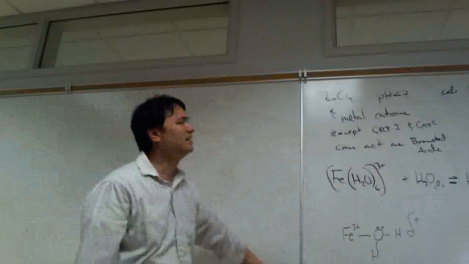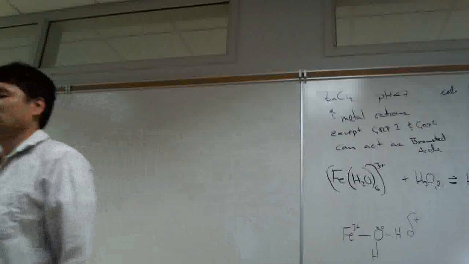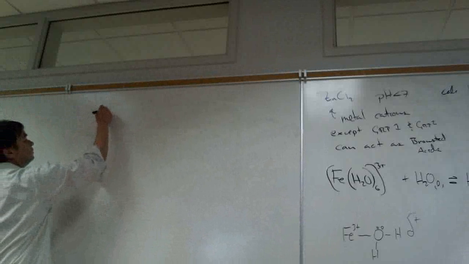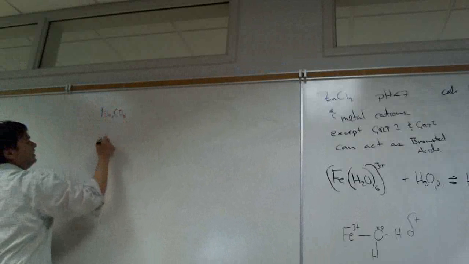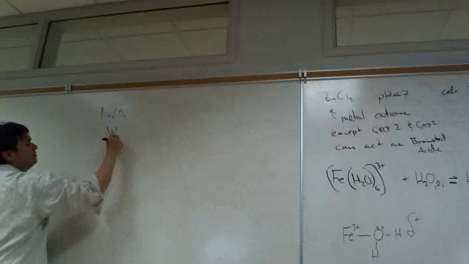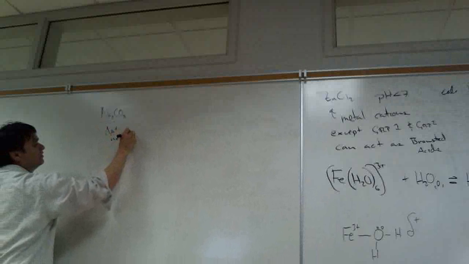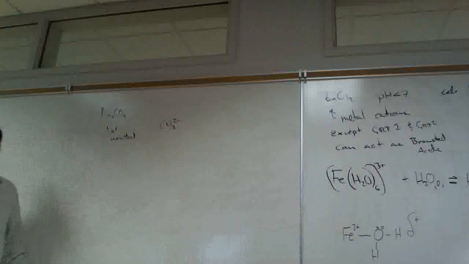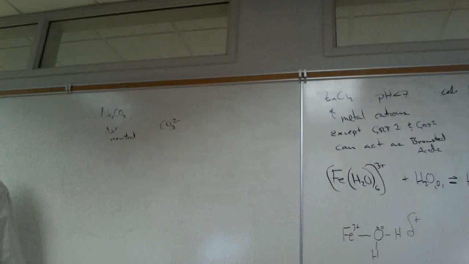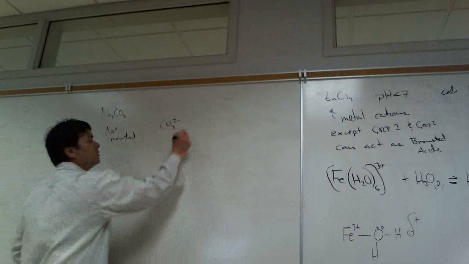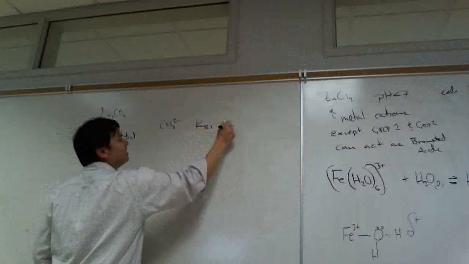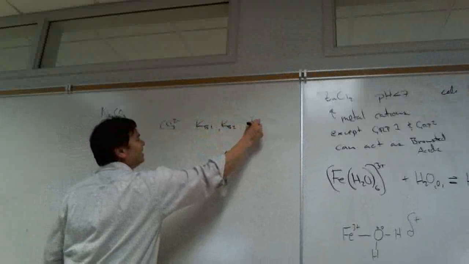Okay, what's next? Sodium carbonate. Sodium ions are neutral. However, carbonate is what we call a dibasic base. And so for carbonate, we've got Kb1, Kb2, and Kw.